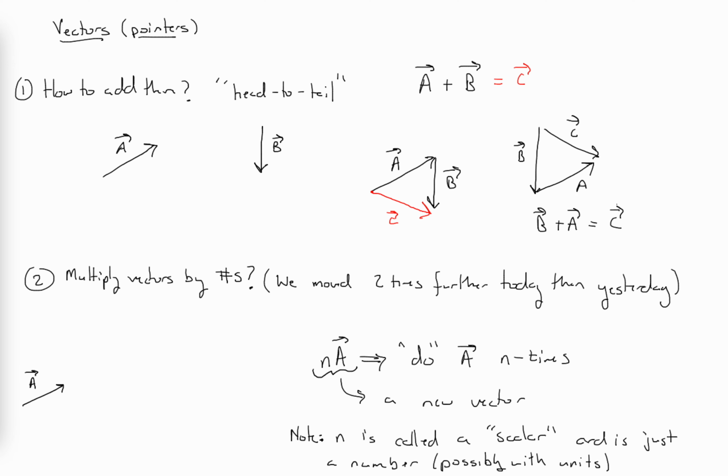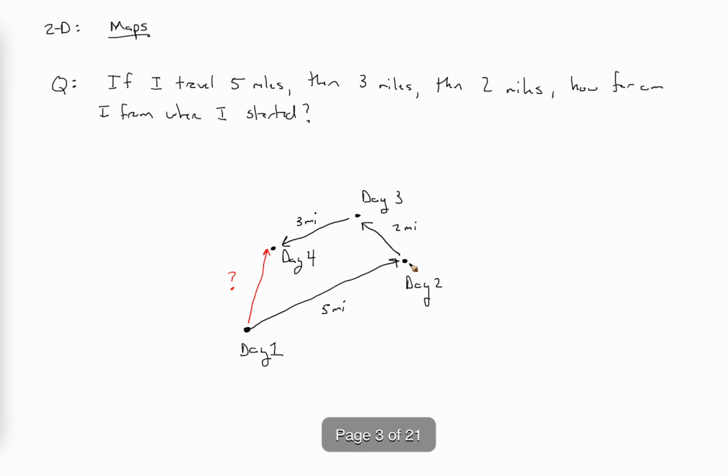So there are several rules that this addition has to follow. You have to be able to do them in any order you want to. Let's go back here, and what you'll see is that if you do these vectors in any order that we want, say that we do this one first, we go this way first from here, and then we do this one second, we go this way second from here, and then we do this one last, what we'll end up with is at the same spot anyway.